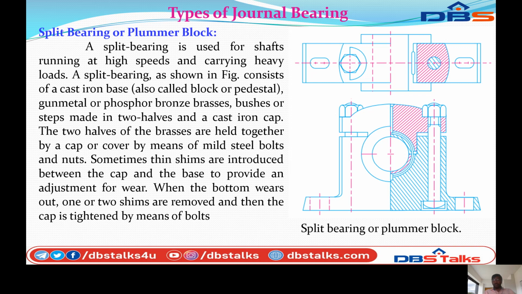So sometimes it will use two shims, introduced between the cap and base to provide adjustment for wear. When the bolts are rotated, the shaft will be fitted very tightly with the help of tightening the two bolts or nuts. So this is the arrangement of the split bearing or plumber block.